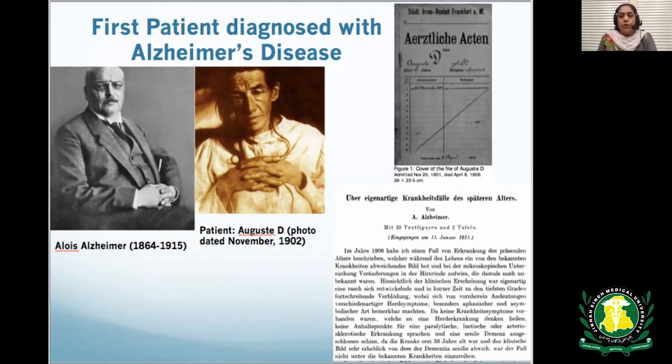In 1907, he published his first publication about this case, and he followed till her death, and he described the plaques and the tangles, which is the pathology of Alzheimer's disease in this patient. And since then, the name of Alzheimer's disease after this German psychiatrist came up.